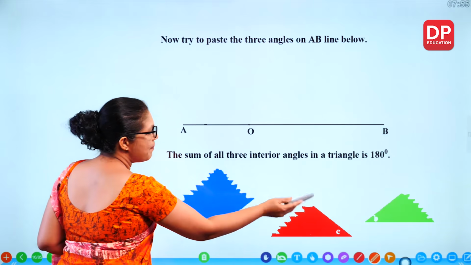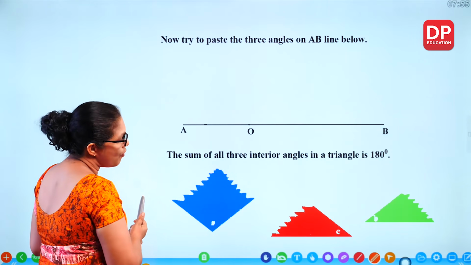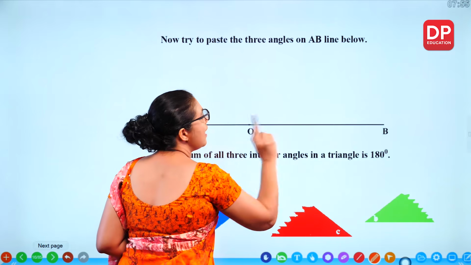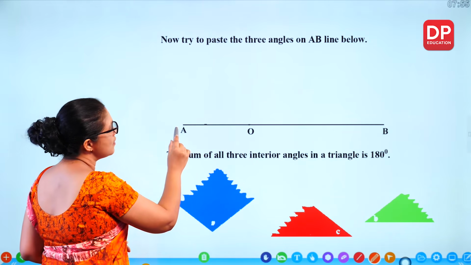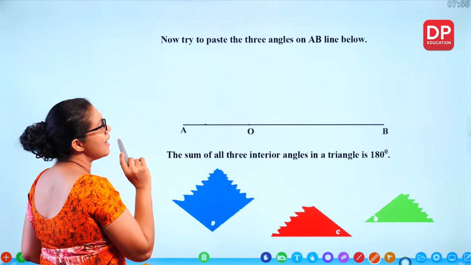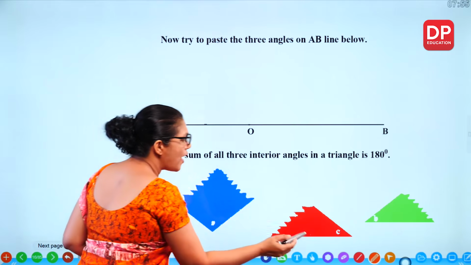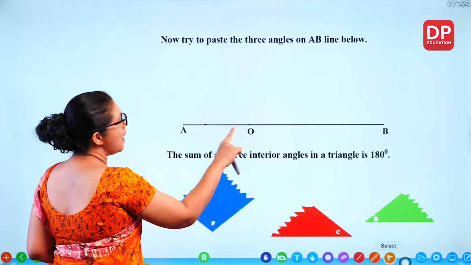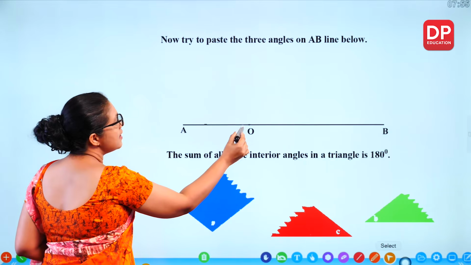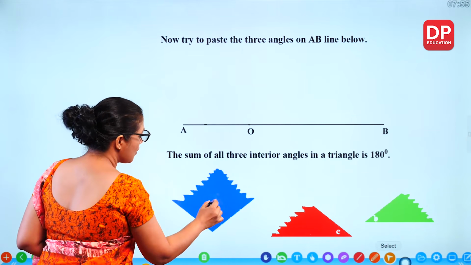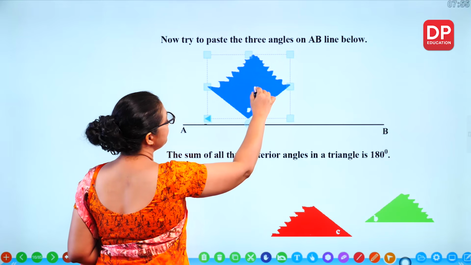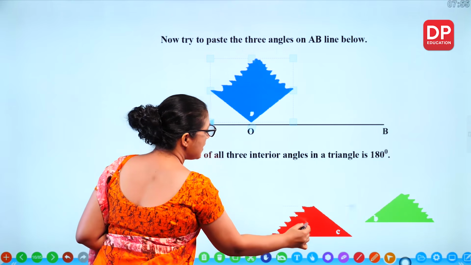Now these are the three pieces that I cut from the triangle. Take any line. In this one, AOB is a straight line. Try to paste these papers on top of the AB line. We'll take the point O. Take the pieces and try to paste these.